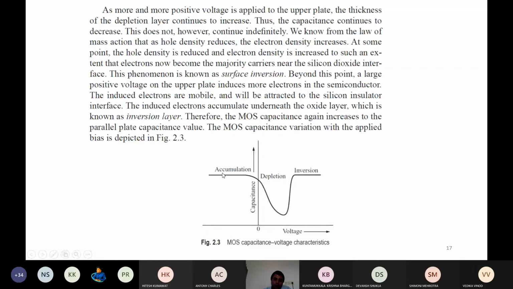In accumulation mode the dielectric thickness is the same, so capacitance is similar, but in depletion mode the effective thickness increases due to the depletion region, and that we have already discussed.